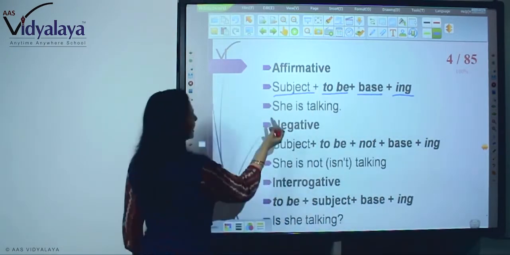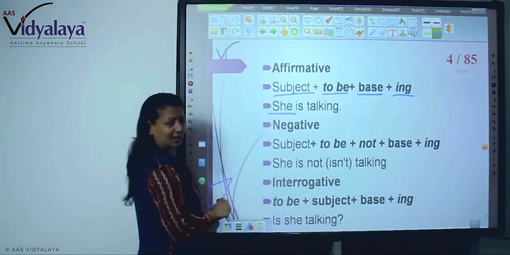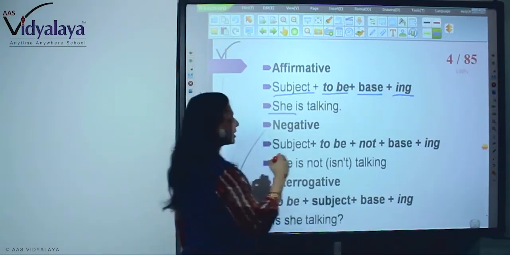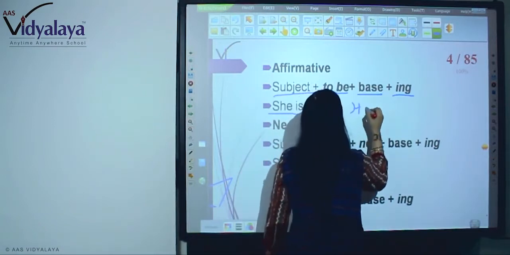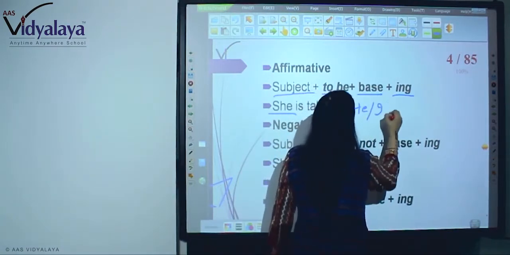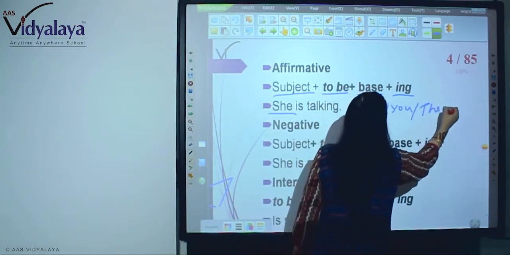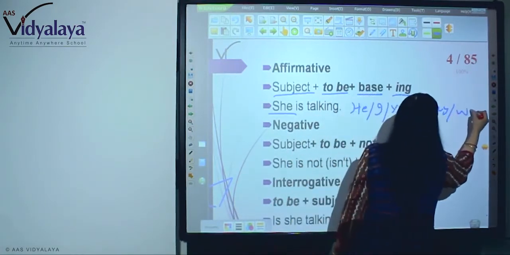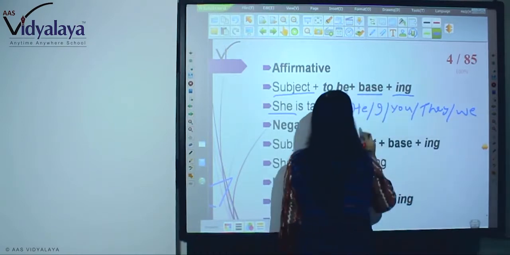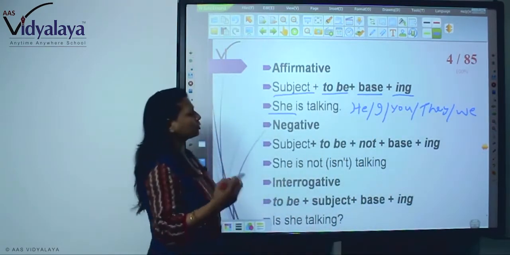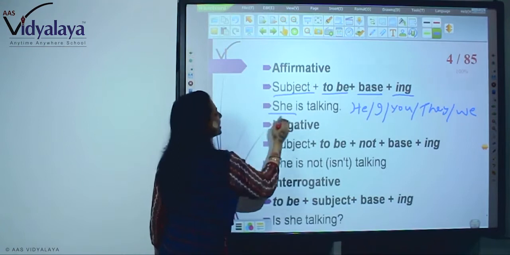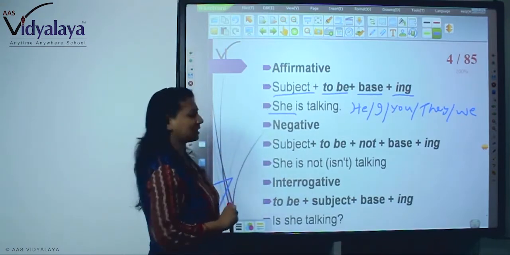So, here subject, here we have seen she. She is a subject. She can be replaced by he, I, you, they, we, it. See, he, I, you, they, we, this subject can be changed, right?